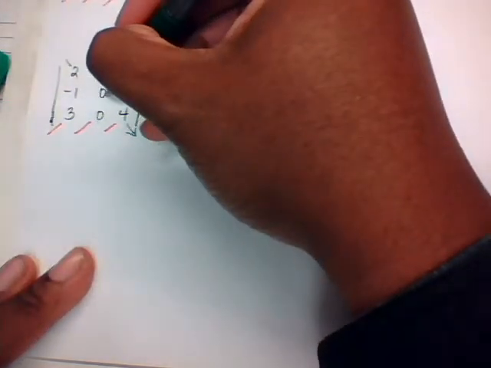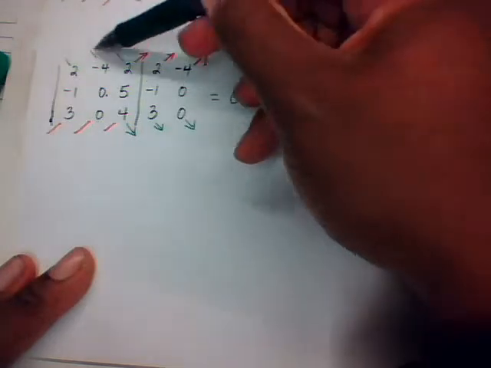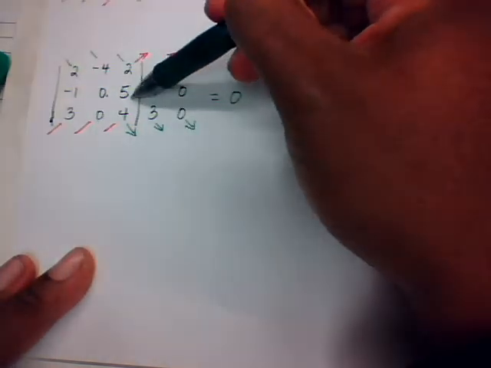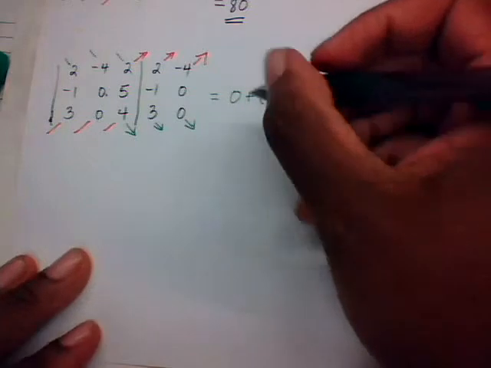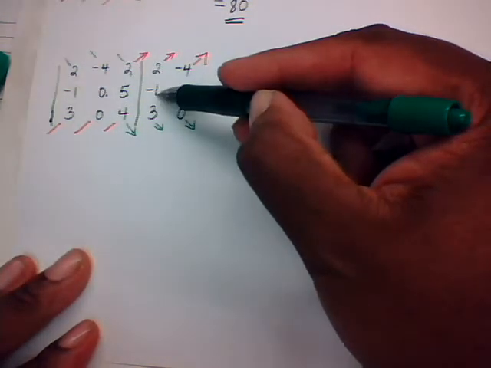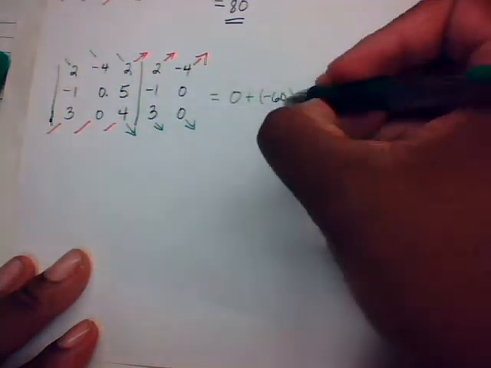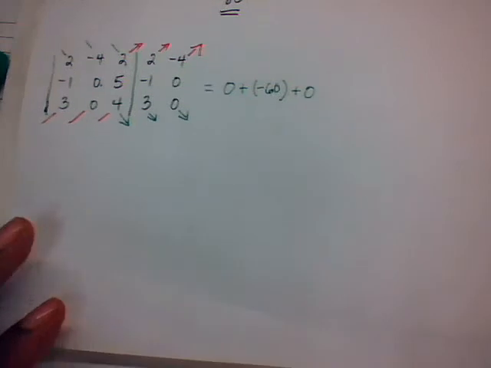Let's start with these going this way. 2 times 0 is 0, times 4, that's 0. This one, -4 times 5, that's -20. -20 times 3 is -60. And then this one, 2 times -1 is -2. -2 times 0 is 0. Okay, so those are those 3.